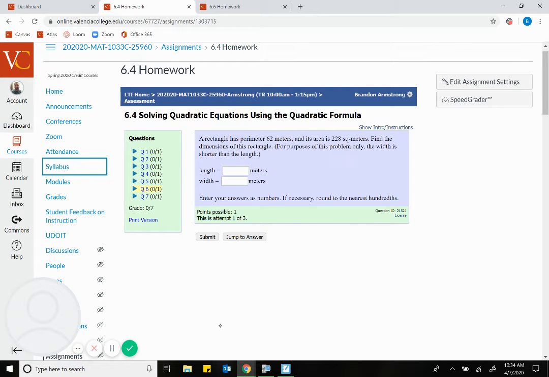Since this is in 6.4, you'll be using the quadratic formula. Remember, perimeter means to add up all the sides, and area is length times width because it's a rectangle. Use the quadratic formula for this. Notice it says round to the nearest hundredth, so watch your rounding.